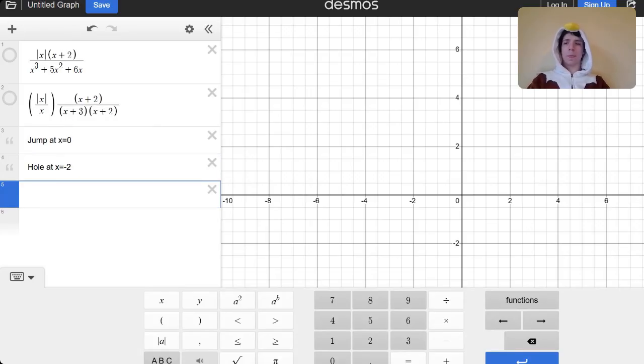And then we have an x plus 3 in the denominator, but not in the numerator. So when x is negative 3, it's going to be this divided by 0. So that's going to be an infinite discontinuity at x equals negative 3.